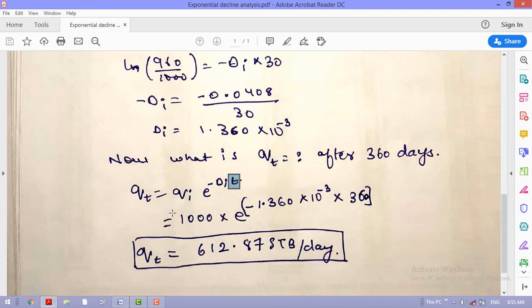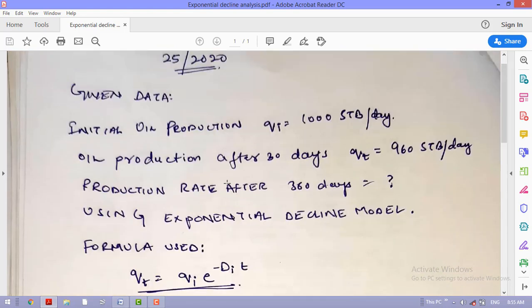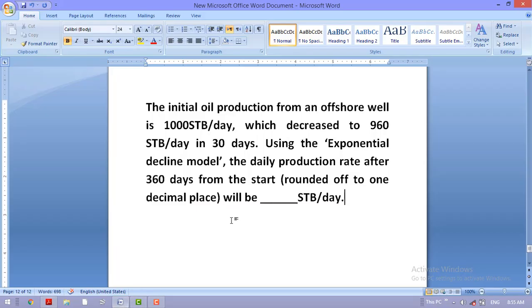Although the question says we have to find the production rate after 360 days from the start, the start here is the initial oil production rate. If he had asked after 30 days, then the time period would be 360 minus 30, which is 330 days, right? Since he asked from the start, I just wrote 360.